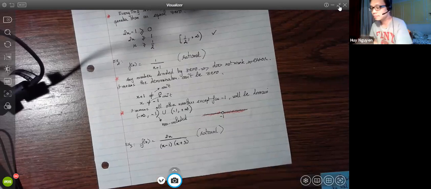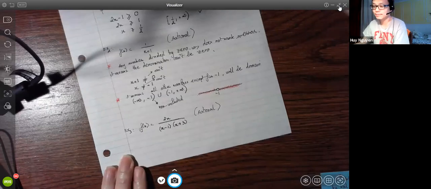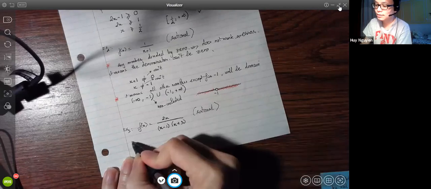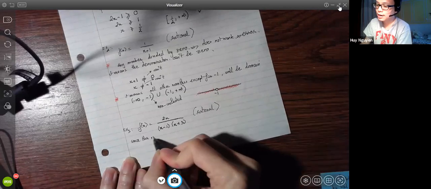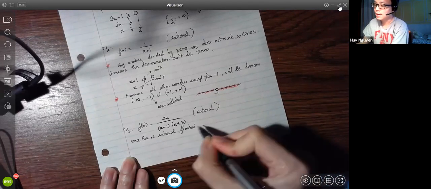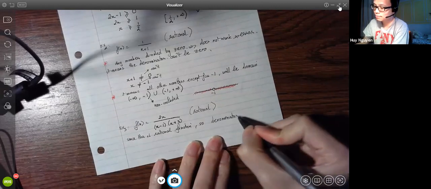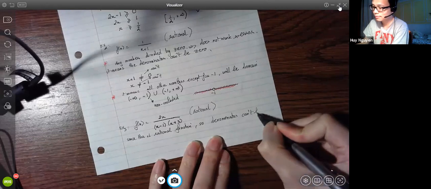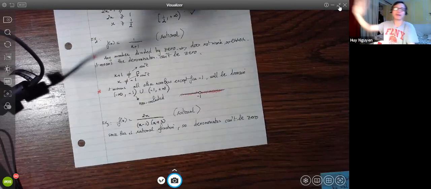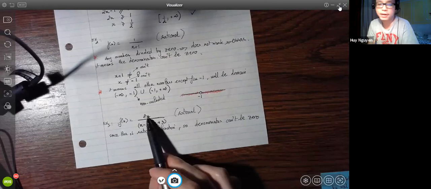Okay. So again, since this is a rational function, the denominator can't be 0. Who cares about the top? Because the top right now is just a linear one.